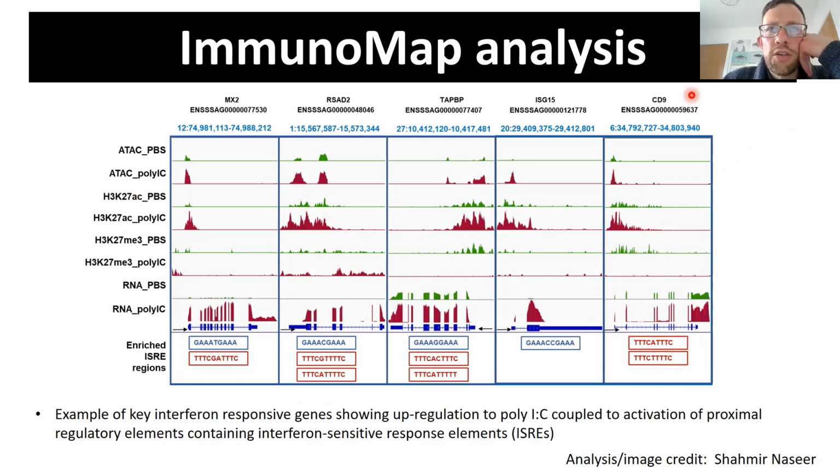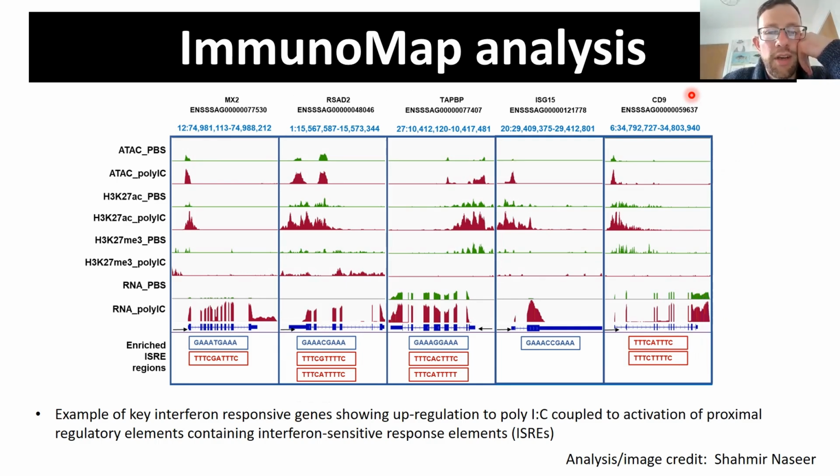And finally, just to illustrate some nice visualizations that Shamir shared with me recently of specific genes that showed increased accessibility upon poly-IC stimulation. This included many genes that are known to be involved in the antiviral response.